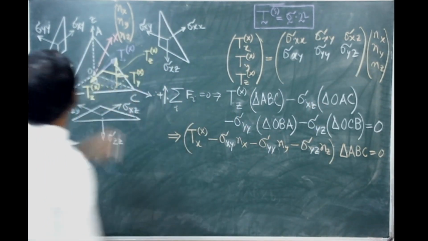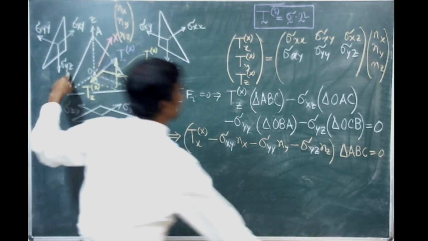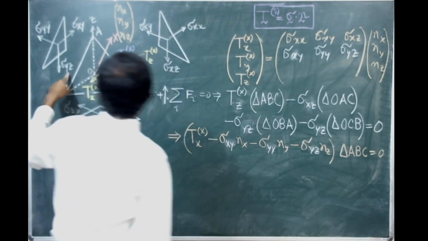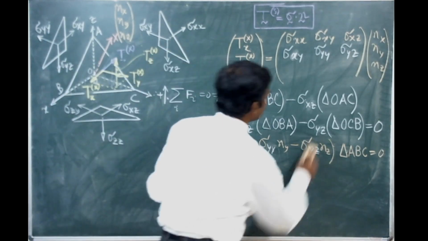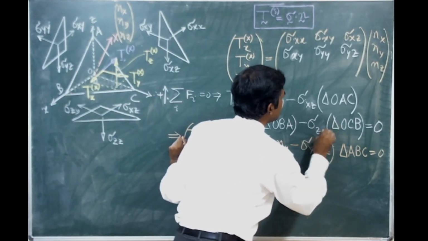You come to the negative y plane, that means here you see the downward direction, yz is acting, so here you get sigma yz. Now you come to the negative z plane, sigma zz is acting, so you get sigma zz.